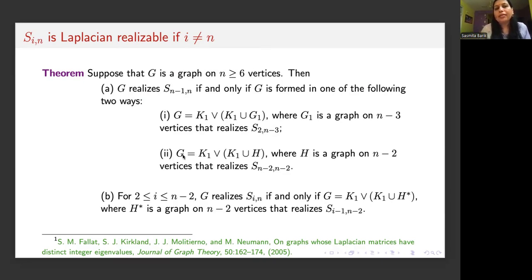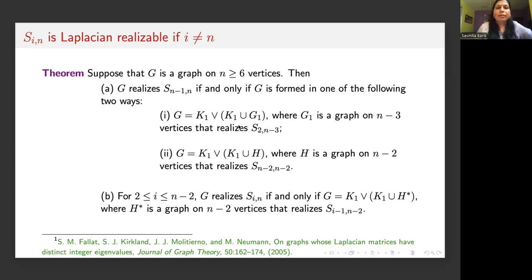This may happen or this may happen. The second case is G is constructed in this way, where H is a graph with n minus 2 vertices, but here the n minus 2 number is missing. So if such a graph exists, then only you can go for this construction. If you get such a graph, then you can go for the next step.